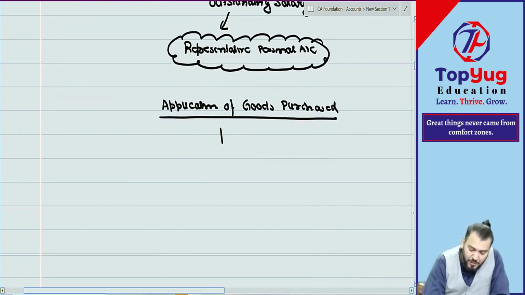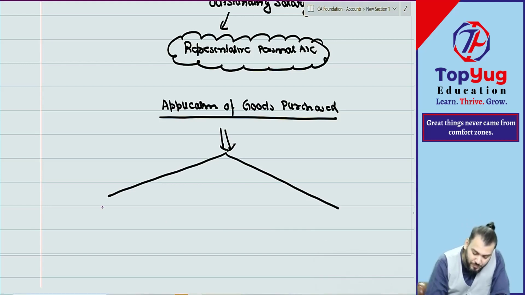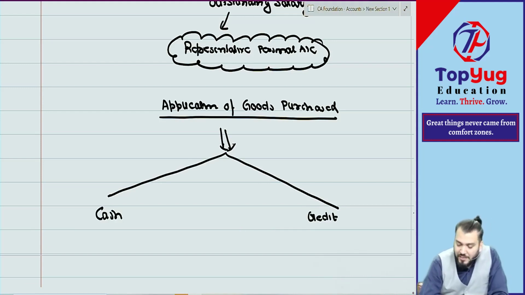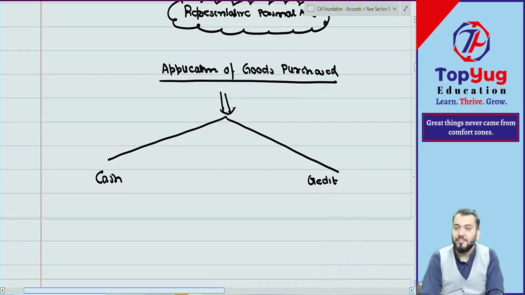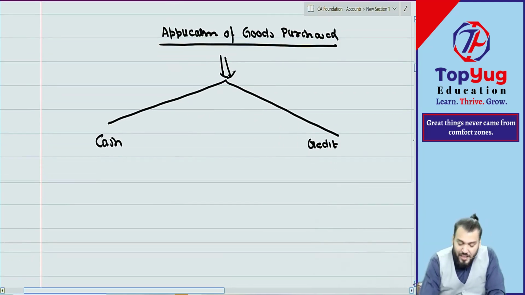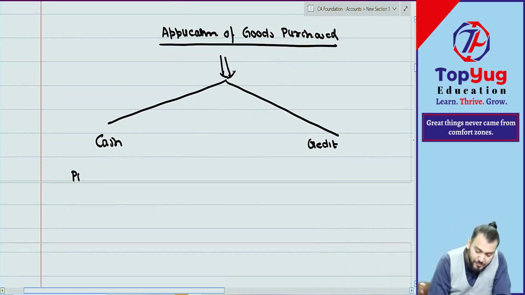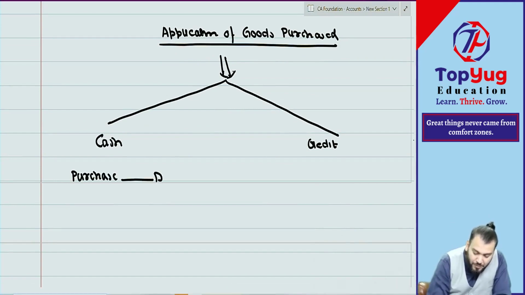So can I say when you have purchased the goods, either you are purchasing cash or in credit. Both transactions we have done. If you are purchasing cash, then what journal entry? Purchase account debit to cash, yes or no?